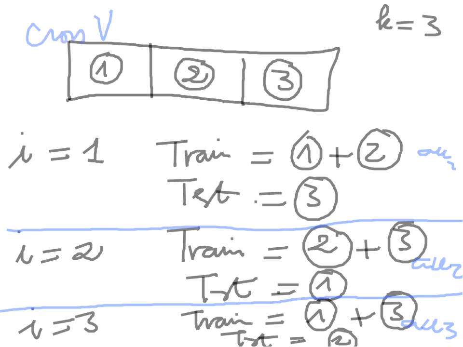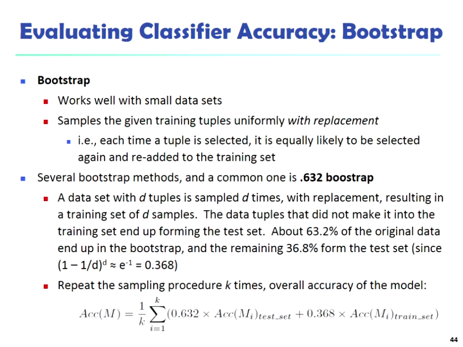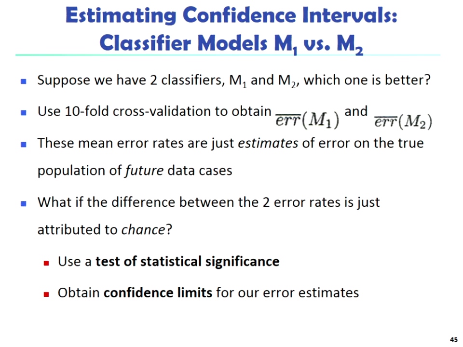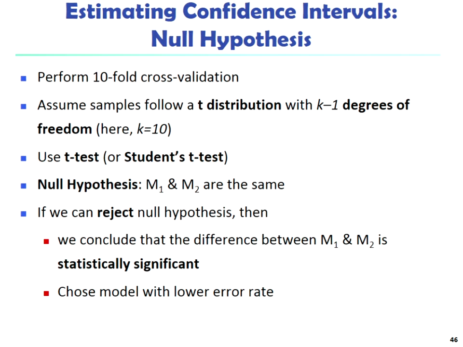This is cross-validation with k equal 3. Is it clear, Ahmed? Okay.